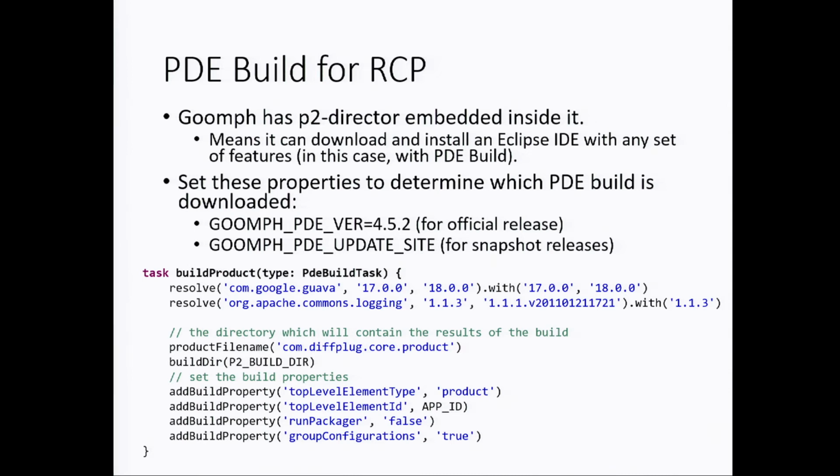If you've ever used PDE Build, you know that there are a lot of properties. There's this build.properties file that you have to set a ton of things in, and there's a lot of mutually exclusive arguments, and it's kind of hard to get your head around, or we had a hard time getting our head around it. So we've wrapped that in a Gradle DSL, so it's pretty concise to build the thing that you want to build.